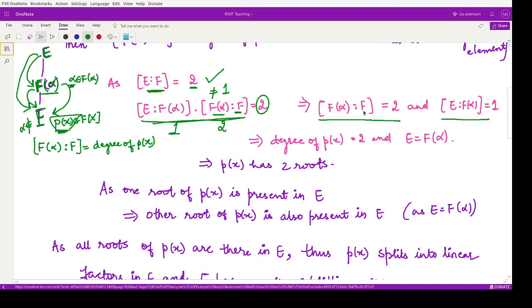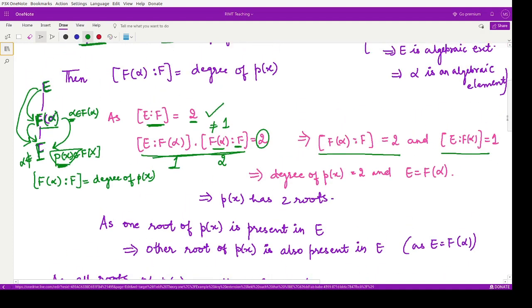The degree of F(alpha) over F being 2 implies that the degree of the minimal polynomial p(x) is 2. That means p(x) has 2 roots. Another piece of information we got is that the degree of E over F(alpha) is equal to 1. If the degree is equal to 1, they are nothing but the same extension field.